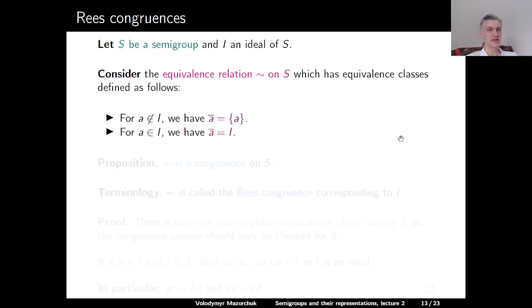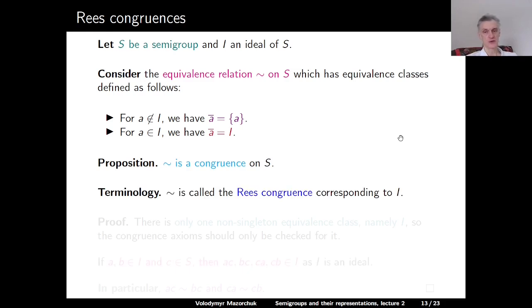And if A is in I, then the equivalence class of A is the whole of I. So we have singleton classes outside I, and the whole of I is one equivalence class. Proposition: this tilde is a congruence on S, and it's called the Rees congruence corresponding to the ideal I.